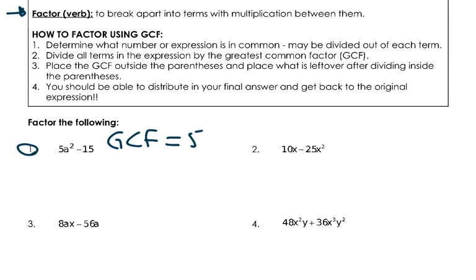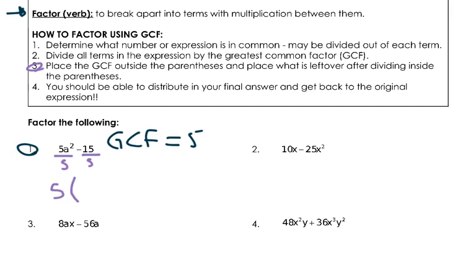Then I would divide each of these terms by 5. And then they were saying, like with number 3, place the GCF outside the parentheses. So if we took our GCF and created a parenthesis, basically what we're saying is that 5 times what's inside the parentheses is going to give us 5a squared minus 15.